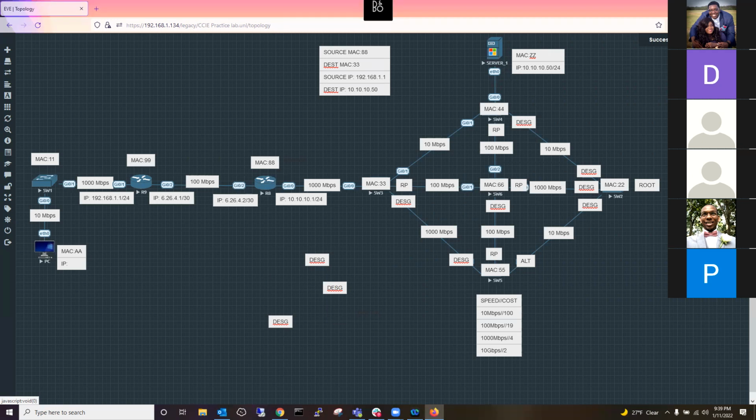Okay, all right. So what do you think, Lamar? Because you have a designated root port. We're going to do the triangle, okay? Remember that root port is the way home.